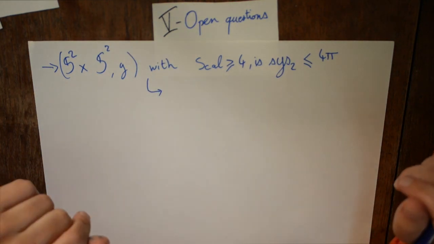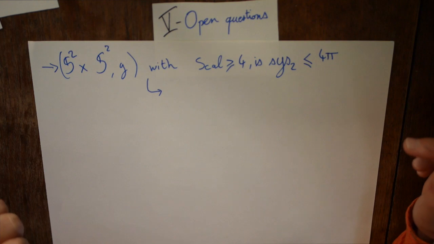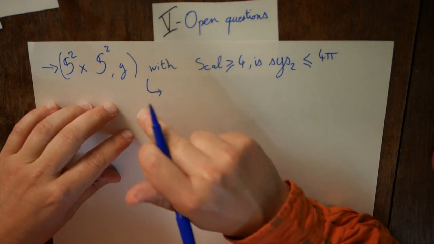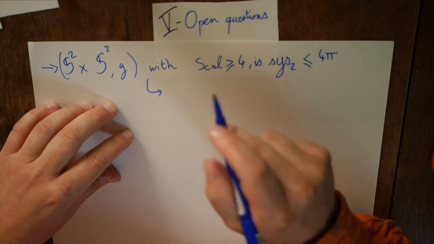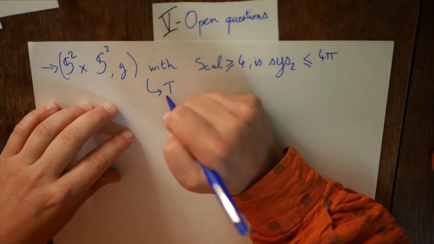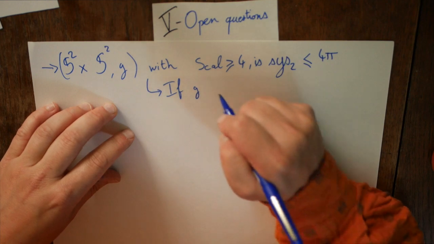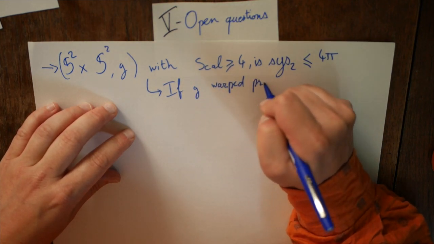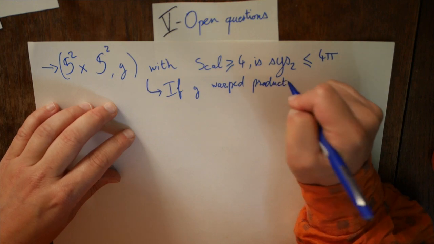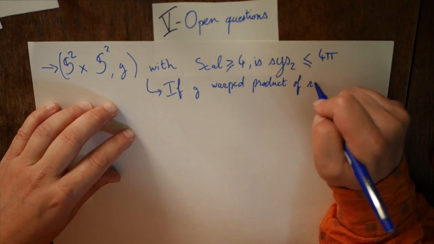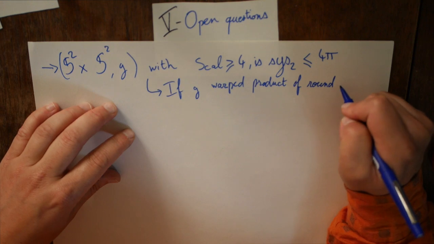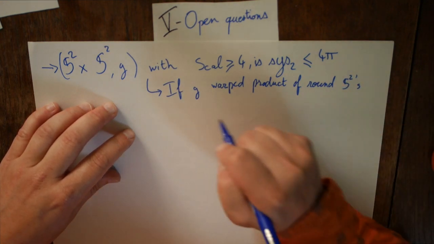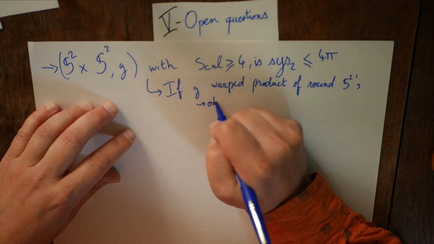Well, there is the case of S2 times T2, which was handled by Zhu. You can look at the following. If g is a warped product of round S2s, then this is okay.